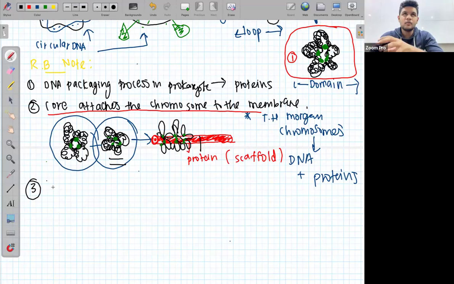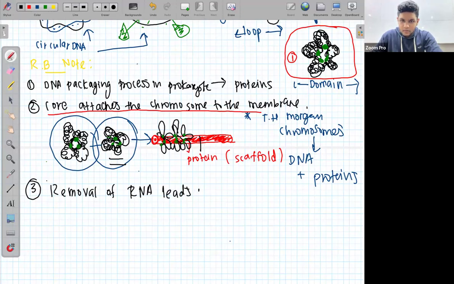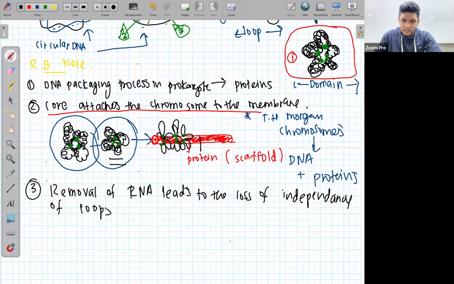They are saying that removal of RNA leads to the loss of independence of loops. By reading this statement, can you understand what they are trying to convey? They're saying removal of RNA leads to the loss of independence of loop.